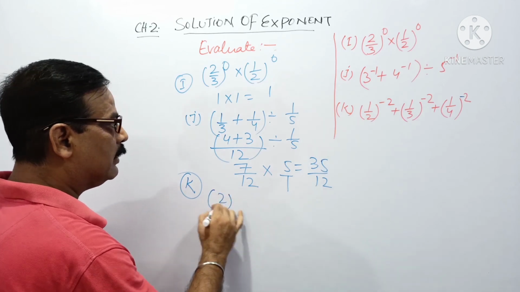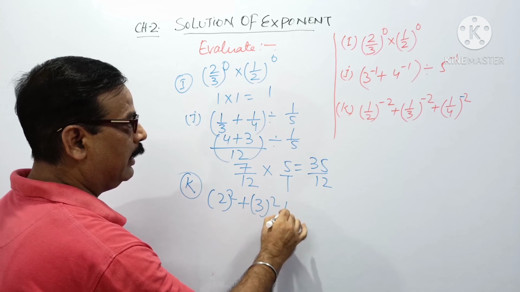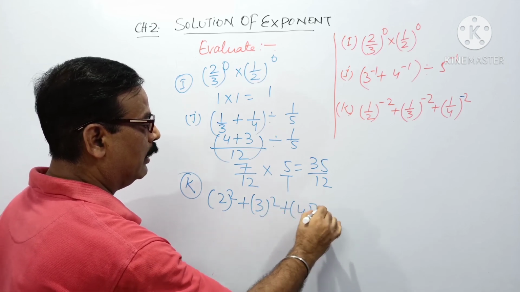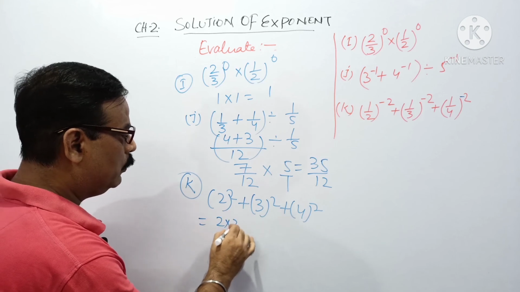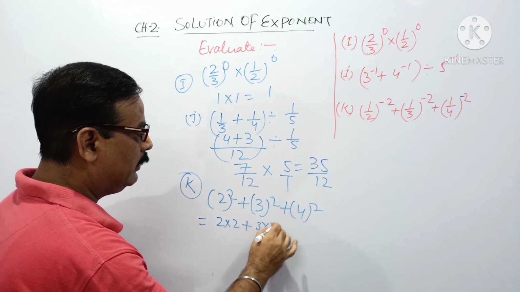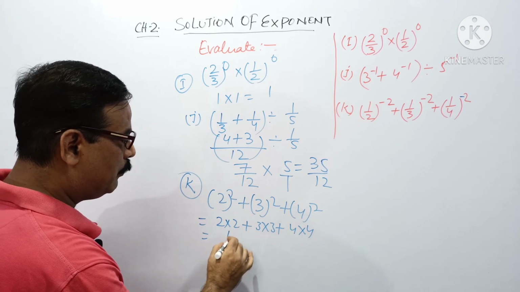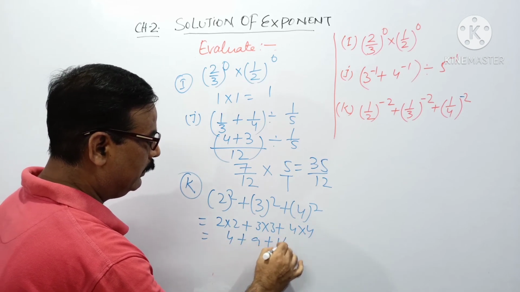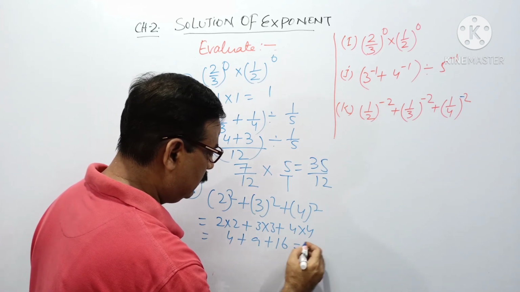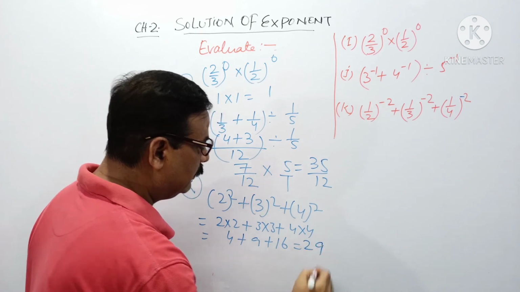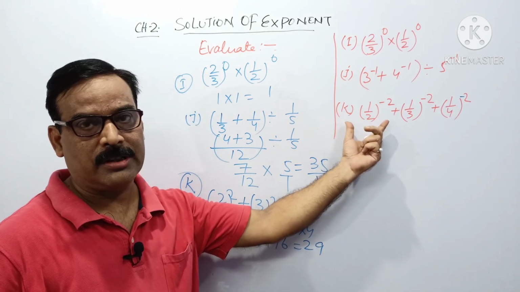We can write this as 2 to the power square plus 3 to the power square and 4 to the power square. So by this we can solve 2 into 2 plus 3 into 3 plus 4 into 4. The value of this term is 4 plus 9 plus 16, which gives 29. So 29 is the answer of this question.